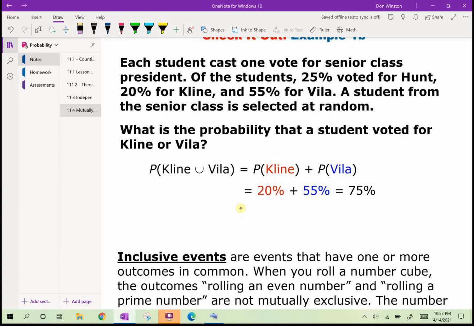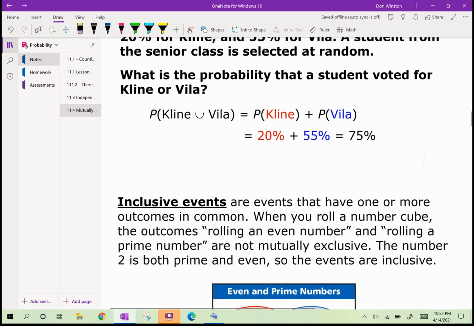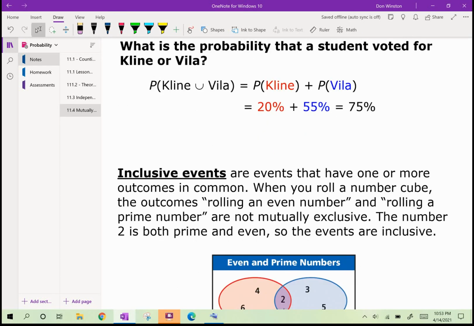Okay, so mutually exclusive events, they can't happen at the same time. Inclusive events are events that have 1 or more outcomes in common. When you roll a number cube, the outcomes rolling an even number and rolling a prime number are not mutually exclusive events. Okay, so you can roll an even number, 2, 4, 6, or a prime number, 1 is not prime, 2, 3, 5.